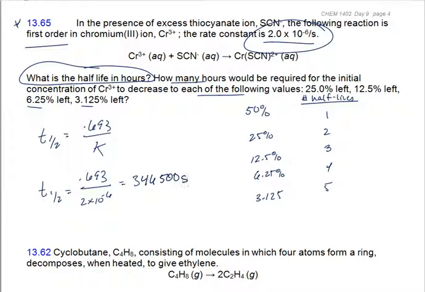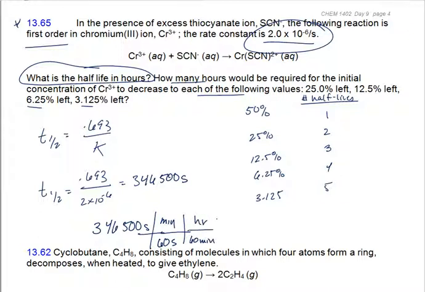That's seconds. They want the half-life in hours. So how do you convert this to hours? How many seconds in an hour? Well, yeah, it's 3,600. But 60 seconds in a minute, 60 minutes in an hour.